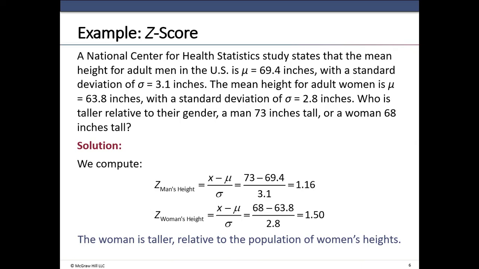So when we convert to z-score, it looks like the woman's height of 68 inches has a higher z-score compared to the z-score for the man with a height of 73 inches.